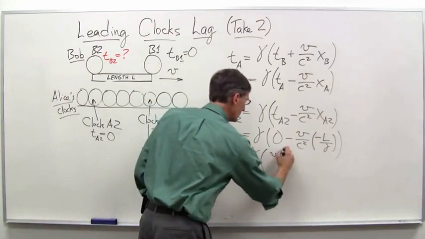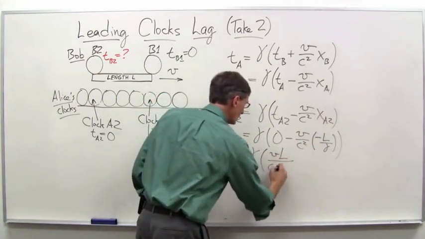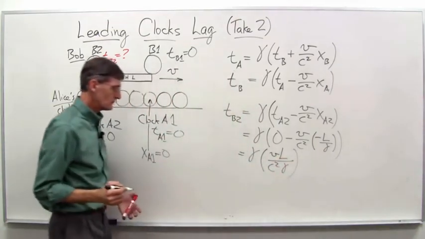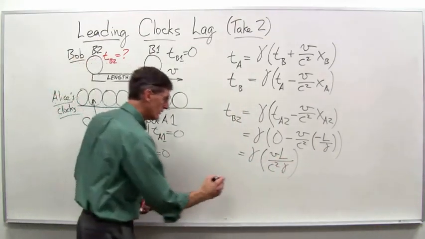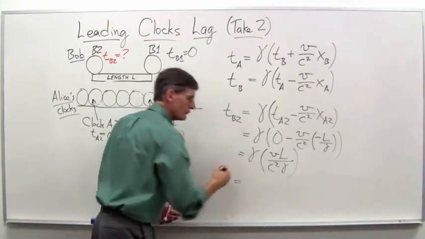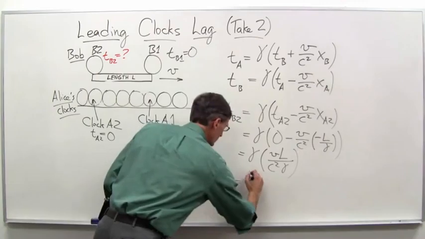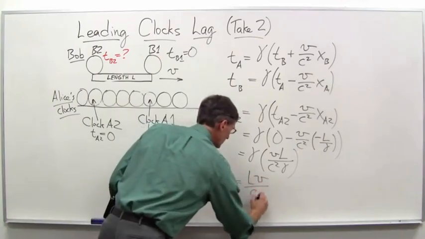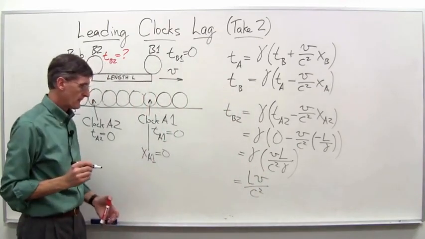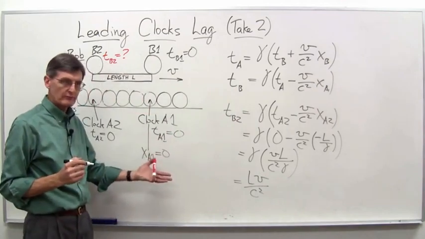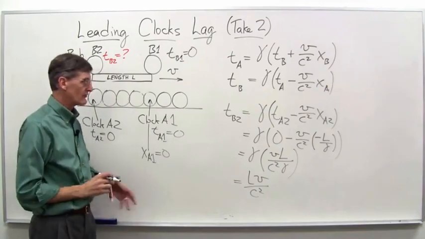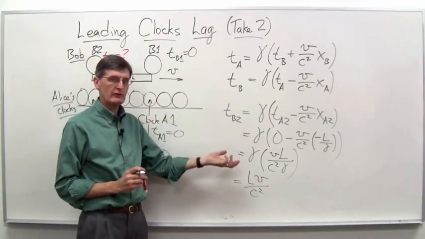So I get V L over c squared gamma. And then we can see the gammas cancel, and we switch the order of the L and V. We get L V over c squared. In other words, the same result we got previously, although it took a lot longer previously to get it. So it shows the power of something like the Lorentz transformation.